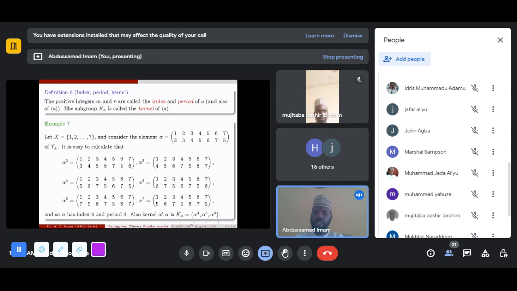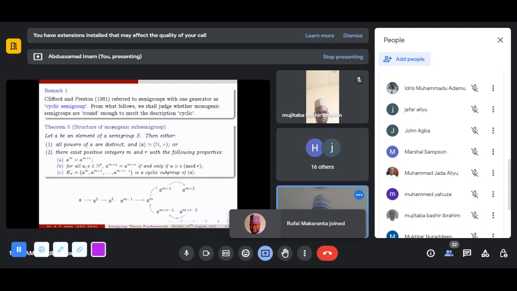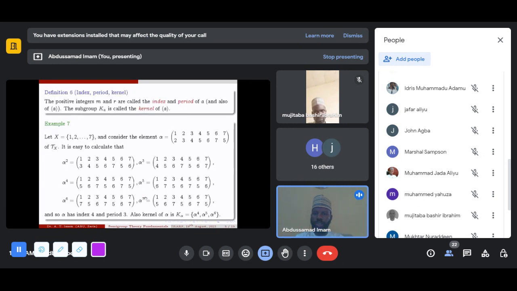And we now see that we can define the order of the element to be m plus r minus 1, because if you count the total number of elements in the entire subsemigroup generated by a, there are exactly m plus r minus 1 elements.